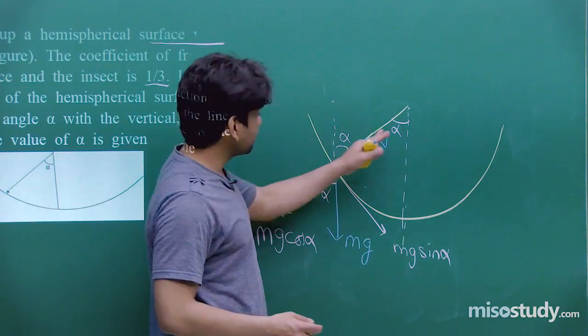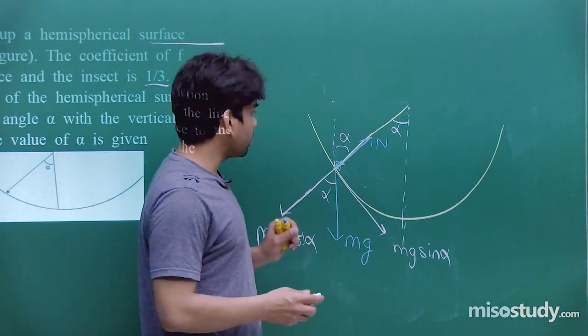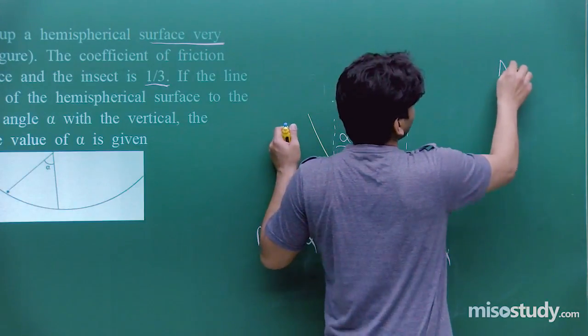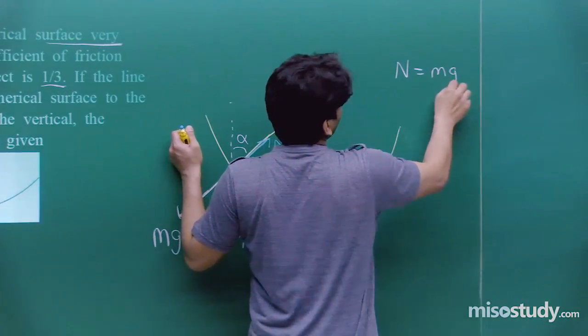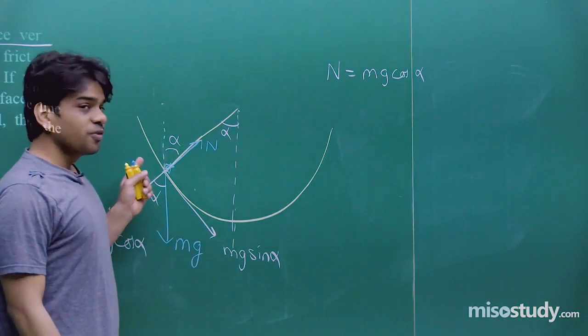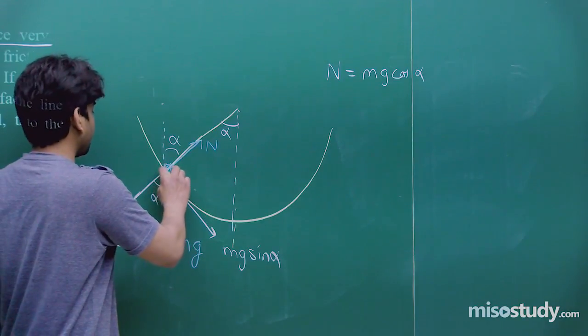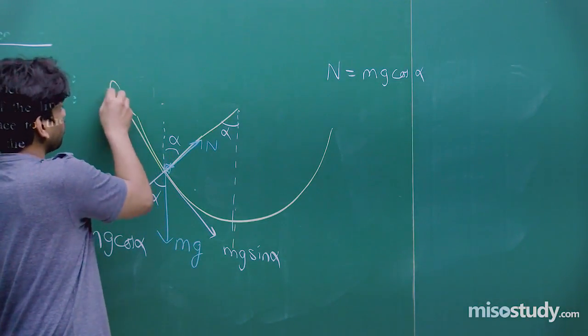Now see here, for its equilibrium along this direction, we will be having n equal to mg cos alpha. So let me write n equals mg cos alpha. Next thing you see here, friction force will try to avoid it slipping, and the maximum value of friction force we need to talk about.